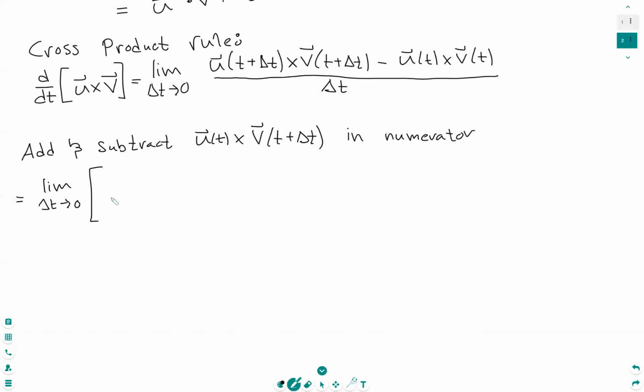I'm actually going to write the 1 over delta t on the outside here.